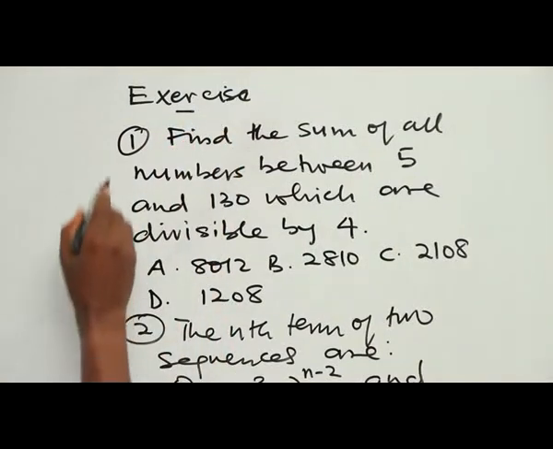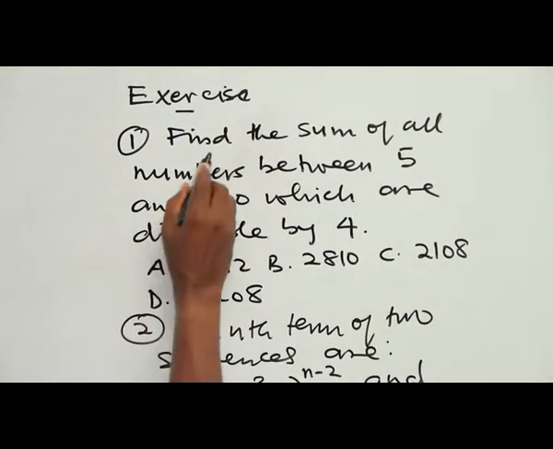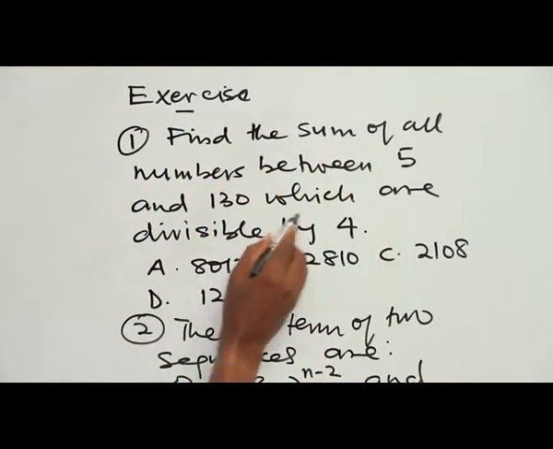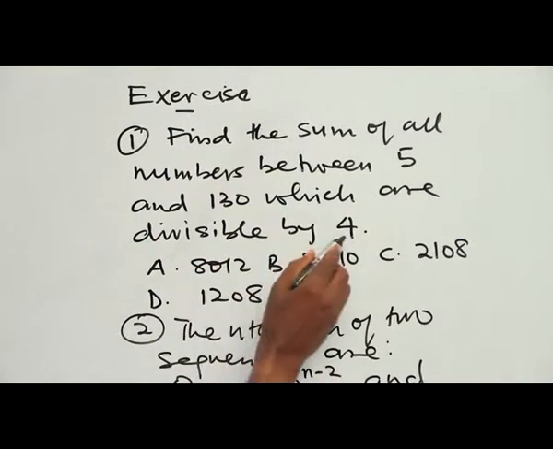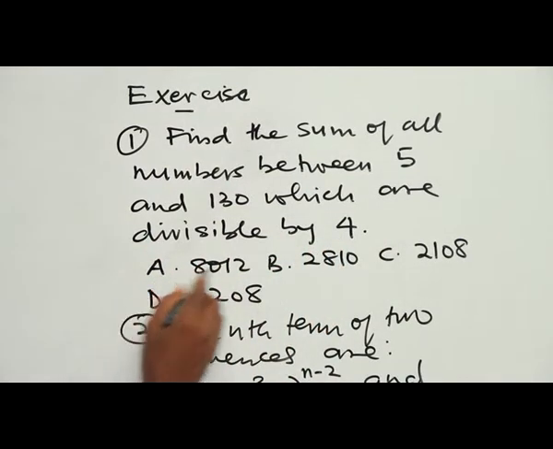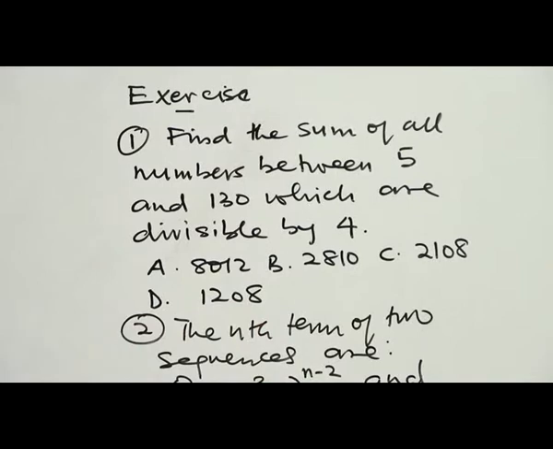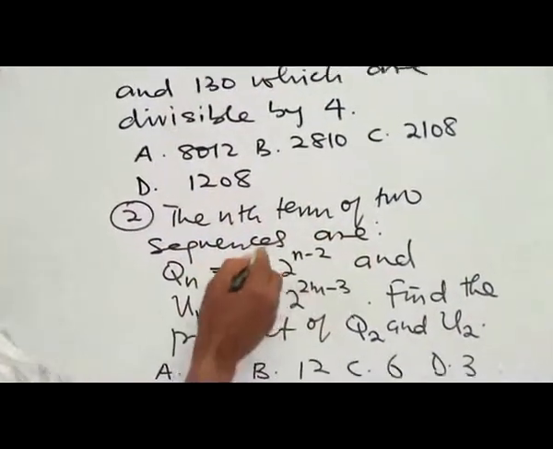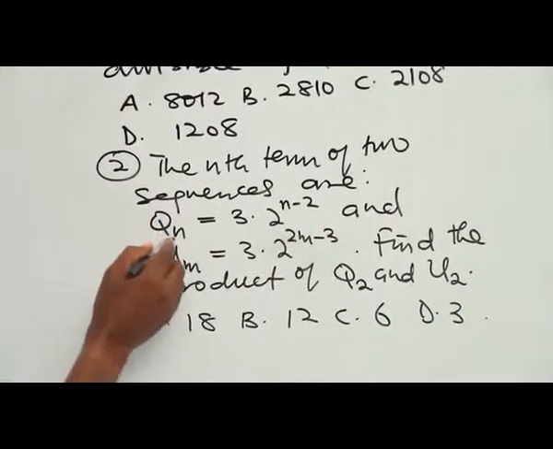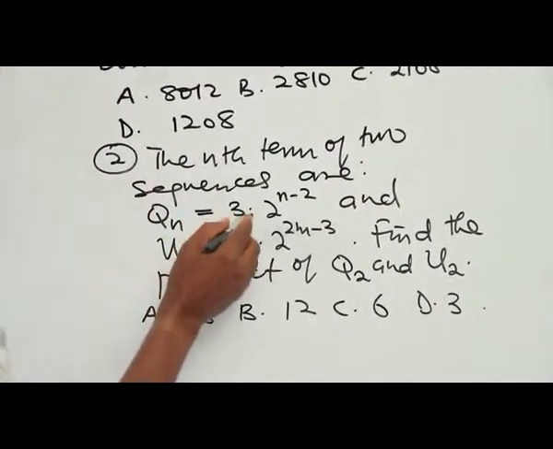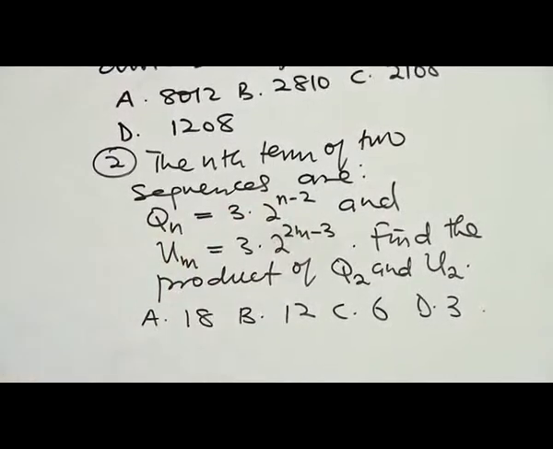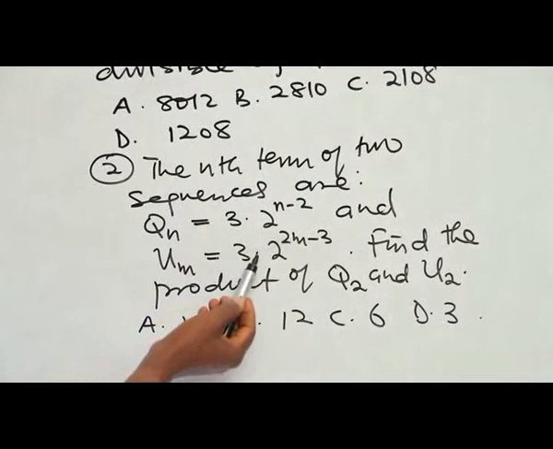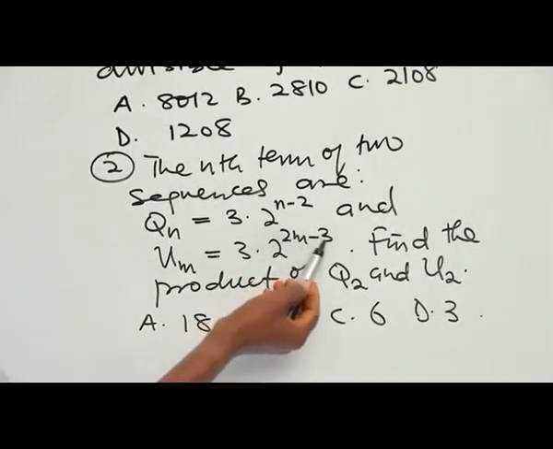Exercise number 1. Find the sum of all numbers between 5 and 130 which are divisible by 4. Options A, B, C, D provided. Number 2. The nth term of two sequences are Qn equal to 3 times 2 raised to the power n minus 2, and Un is equal to 3 times 2 raised to the power 2n minus 3.